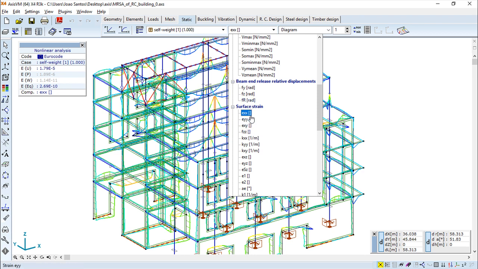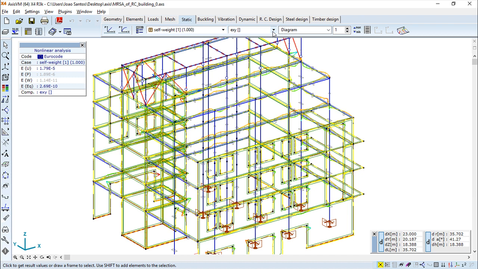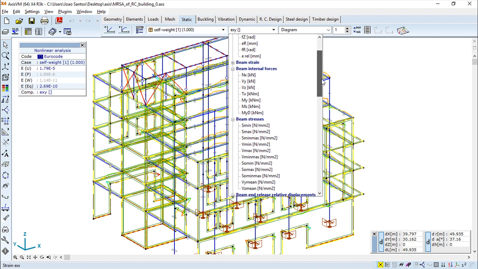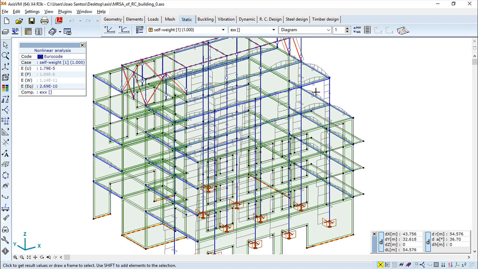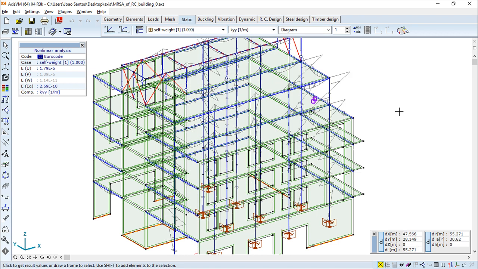So for example, these surface strains where we can check several components of these strains, but we have also beam strains where we can check this kind of results.